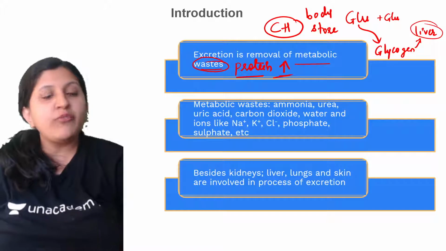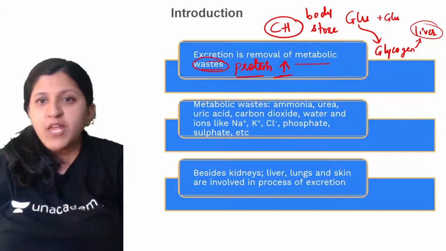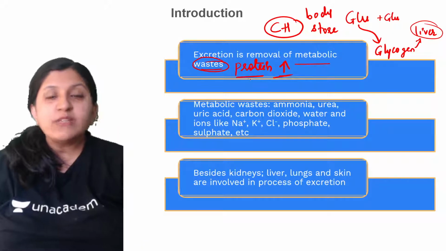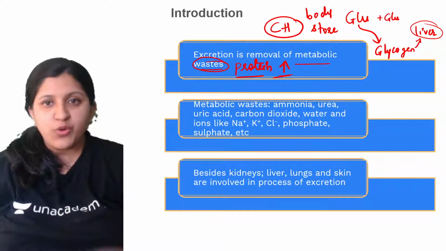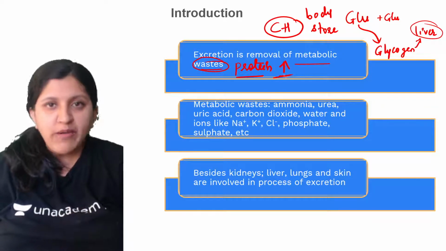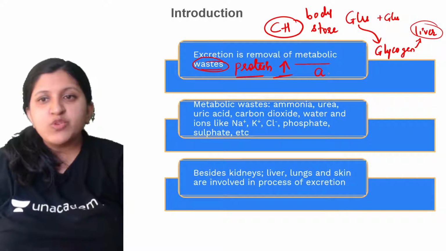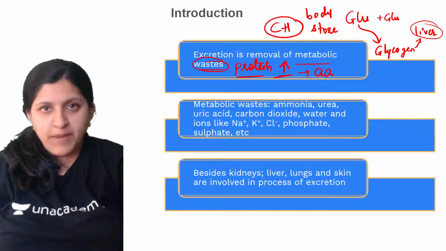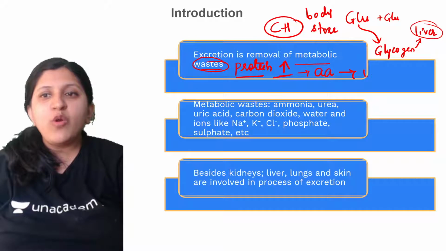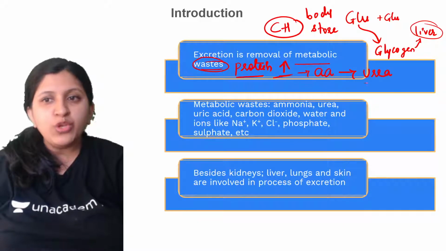But when we talk with respect to proteins, we do not have an option to store the protein because it can get toxic if it is stored. Okay, so now what will be done? All this protein which you have consumed in excess will be broken down into amino acids. That is a simple one, and these amino acids are converted into urea.